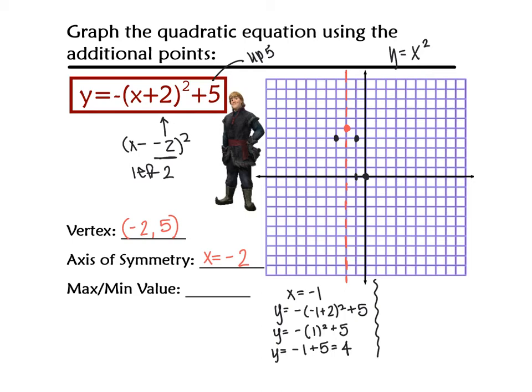And then I need to do this one more time. So I'm going to erase some of my extra points here that I put in. But the next x would be 0. And if x equals 0, again, I'm going to plug it into the equation.